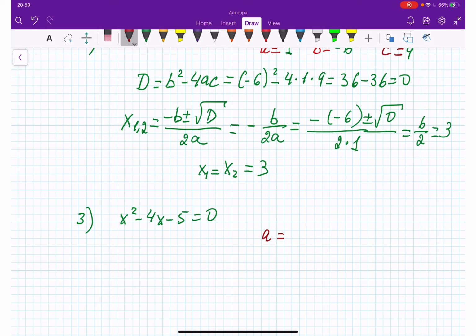So for x squared minus 4x minus 5 equals 0, A is equal to 1, B is equal to negative 4, and C is equal to negative 5.